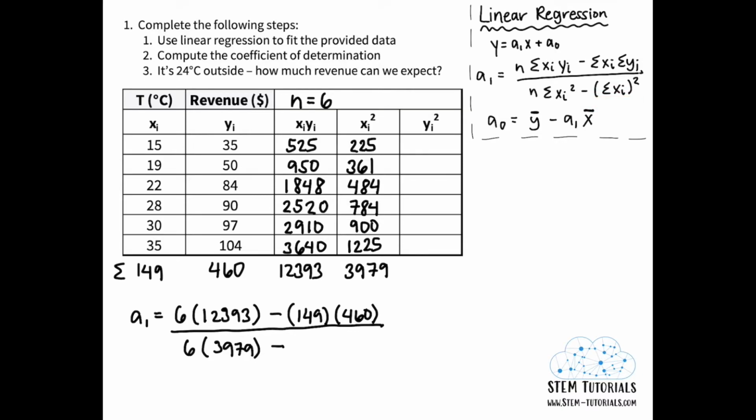We need to take the sum of our xi, which we see is 149, and square it. So I'll just write down 149 squared equals 22,201.